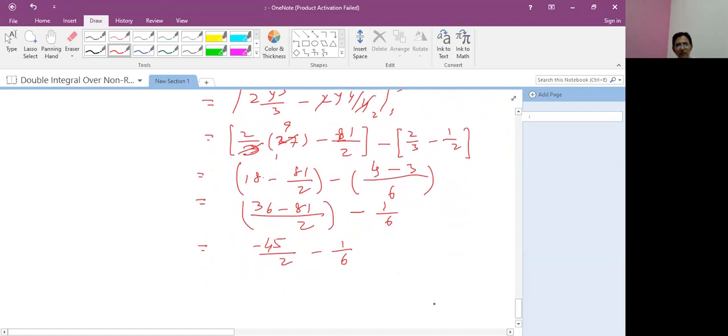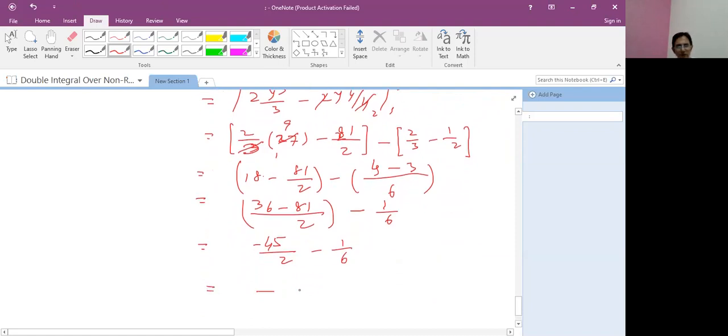If we take LCM of 6 and 2, the LCM is 6. So 2 3s are 6, it means minus 135 minus 1. So it means minus 136 over 6. If we divide by 2, 2 3s are 6, 2 6s are 12, 2 8s are 16. So minus 68 over 3.